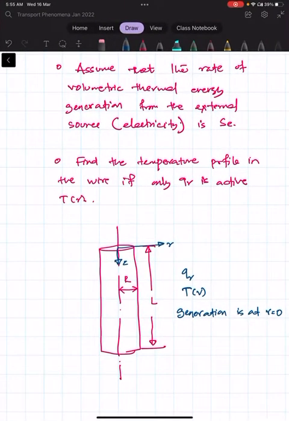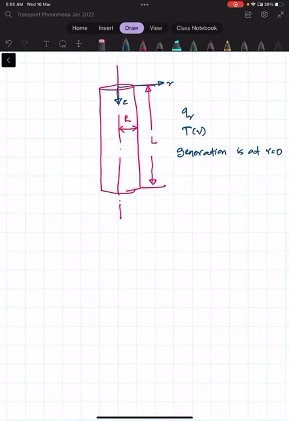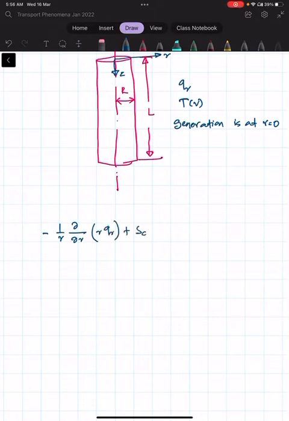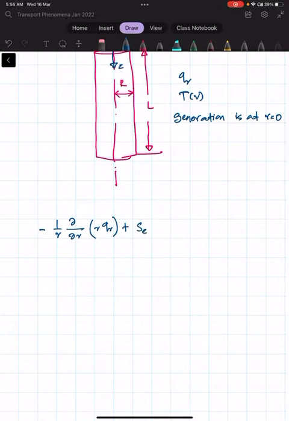So let me write down the governing equation: minus 1 by R dou dou R of R QR plus SE equals 0, where the generation rate is SE, as I discussed before.